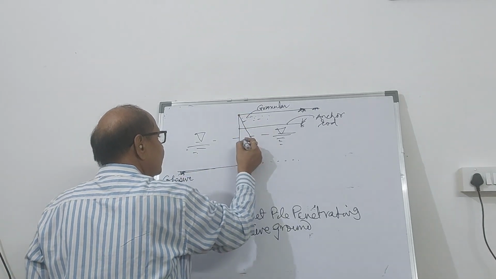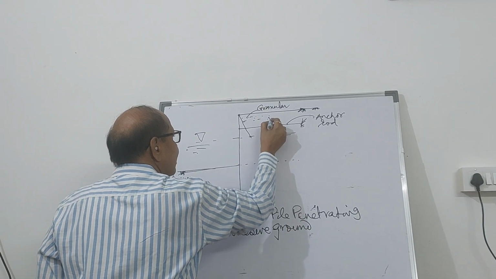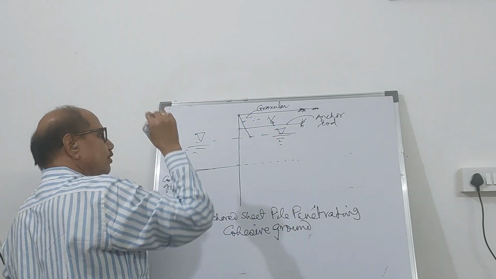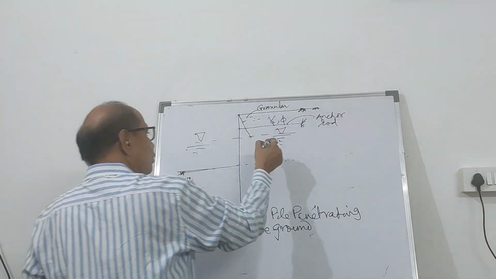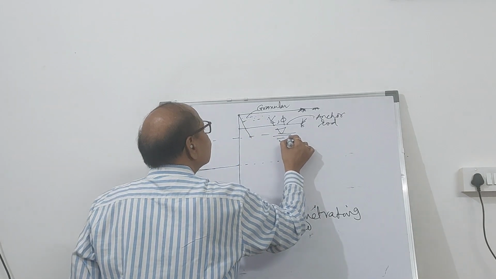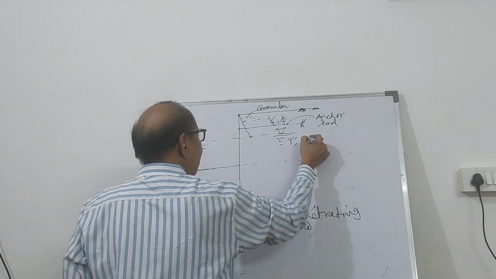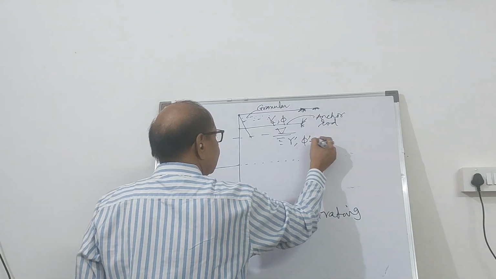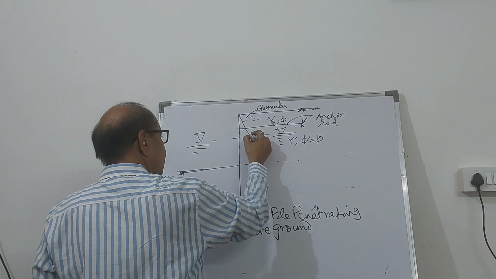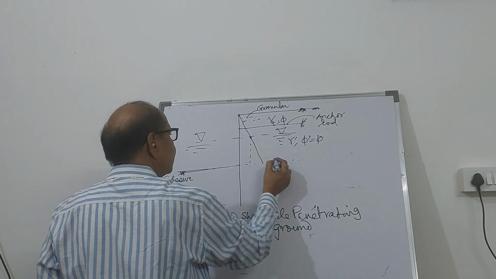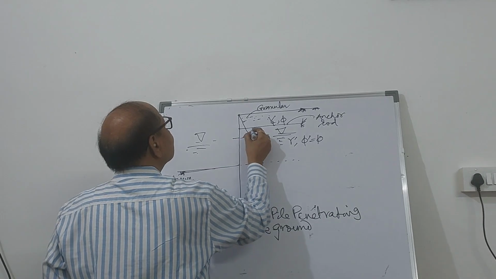Now the pressure here above the water table, take gamma T, the total unit weight, into the picture. And let's say the value is gamma. Below the water table, it is going to be the submerged unit weight, gamma prime. So then, from here to here, you have to take the active earth pressure.